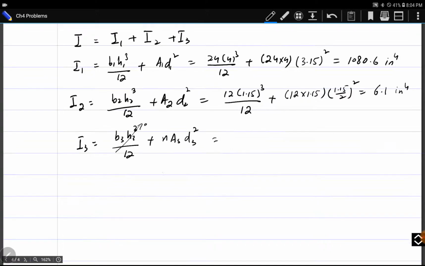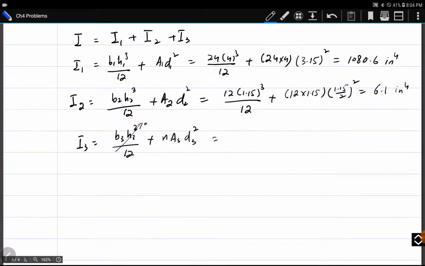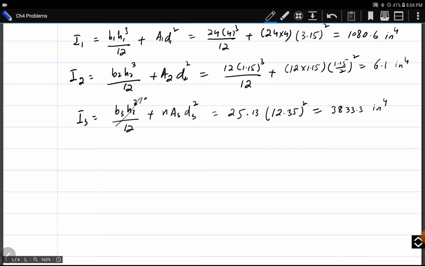NAS is equal to 25.133 into 13.5 minus 1.15, it becomes 12.35. So I3 comes out to be 3.3 inch power 4.